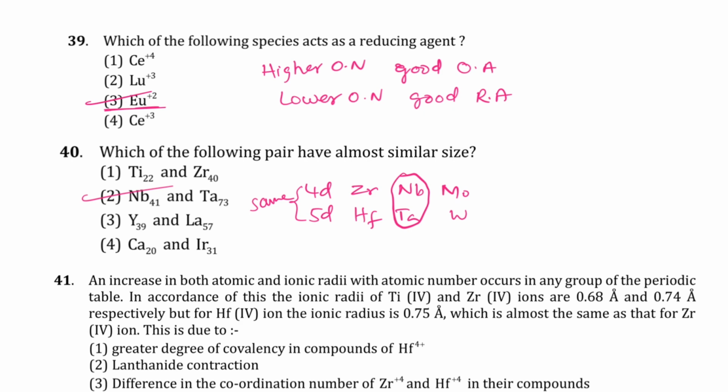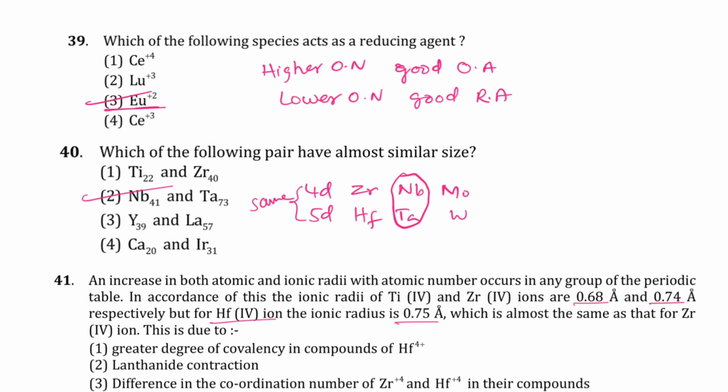41. An increase in both atomic and ionic radii with atomic number occurs in any group of the periodic table. In accordance with this, consider the ionic radii of titanium plus 4, zirconium plus 4. Hafnium is 0.75, almost the same as that of the zirconium ion.